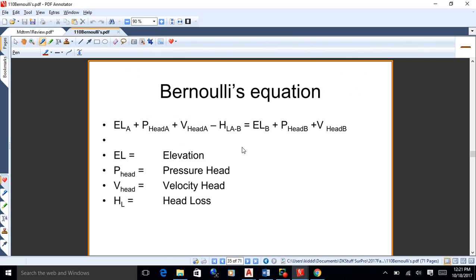So here's where it starts to get more useful for us if we're analyzing systems. If you take the elevation at A plus the pressure head at A plus the velocity head at A and subtract off the head loss that occurs from A to B, you'll get the sum of the elevation at B, the pressure head at B, and the velocity head at B. That's basically what this says, and you can use this to analyze things.